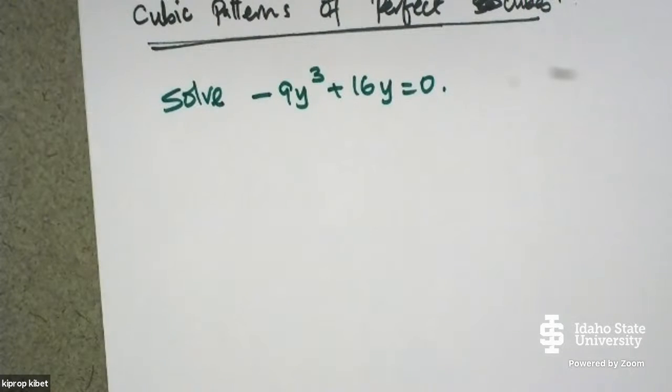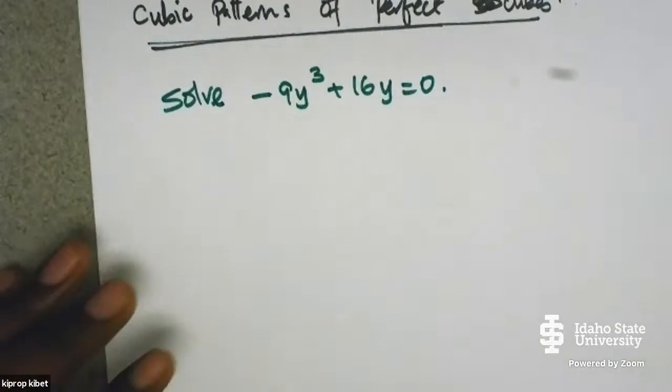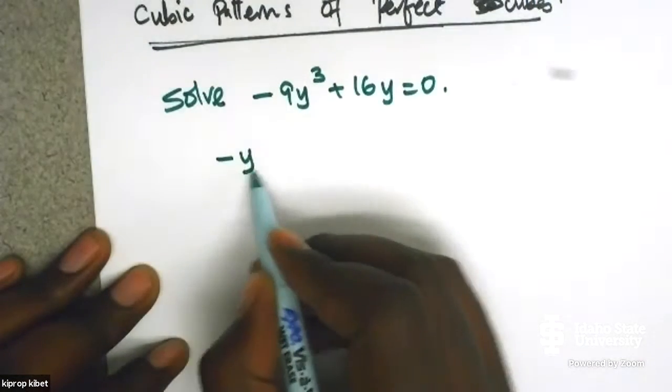First of all, you factor out what is common. So we can factor out y. We can also factor out negative, so we can factor out negative y.